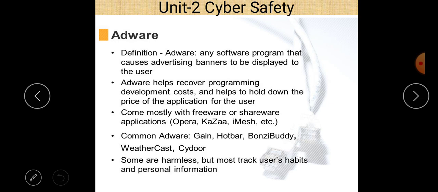They show advertisements related to a particular product, and using this they can recover their programming or development cost. So adware comes most of the time with freeware or shareware. Shareware is software which we can easily share from one person to another, and there are different types of adwares as given here. Basically, adware is any software program that causes advertisement banners to be displayed to the user.